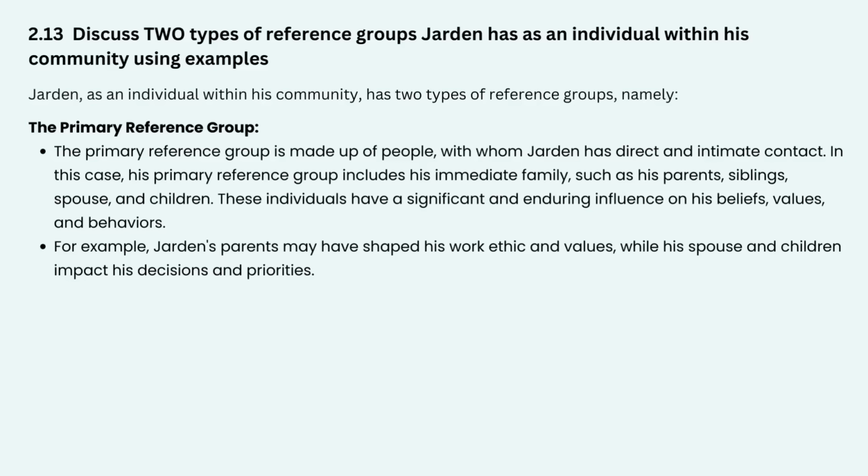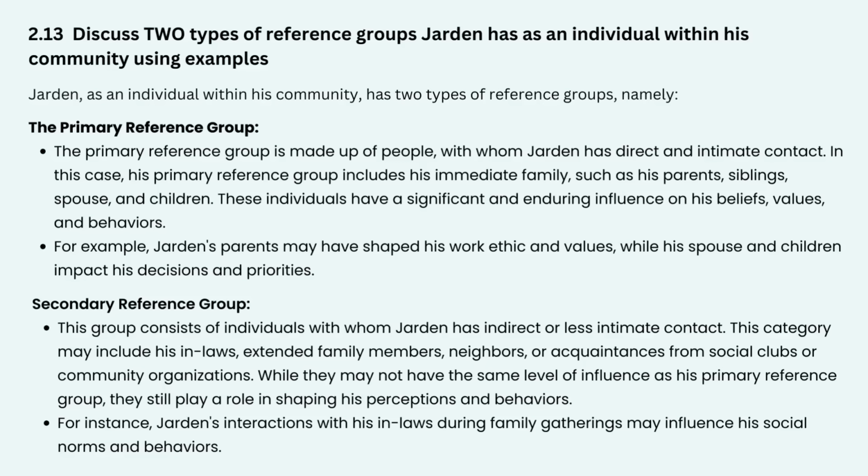For example, Jardine's parents may have shaped his work ethic and values, while his spouse and children impact his decisions and priorities. 2. The secondary reference group. This group consists of individuals with whom Jardine has indirect or less intimate contact.